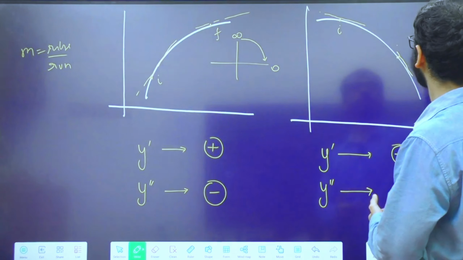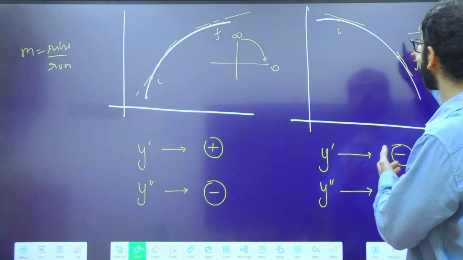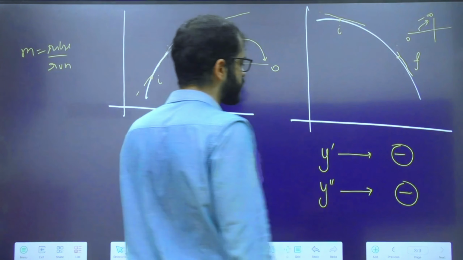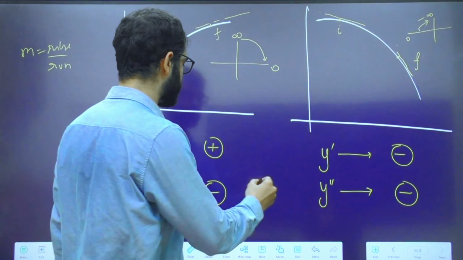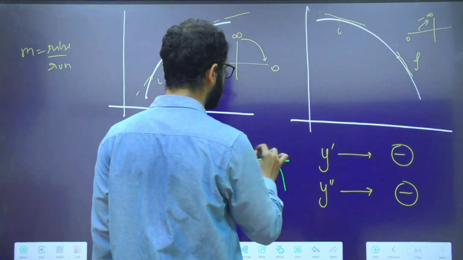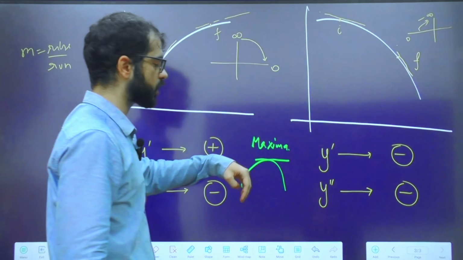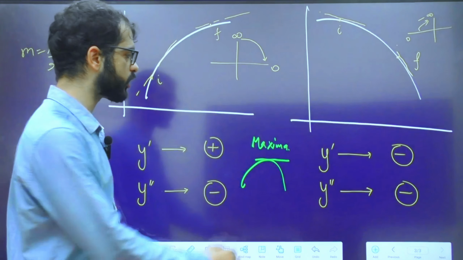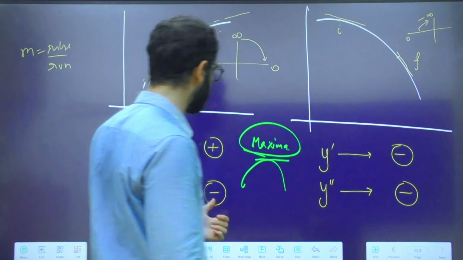That means the angle is changing in this manner, from this to this. That means from 0 to negative infinity, which means it is decreasing. Since it is decreasing, d2y by dx square becomes negative. And that is the reason why if d2y by dx square is negative, this point represents the maxima. That means downward open curvature or downward facing parabola represents maxima, since d2y by dx square is going to be negative in both the cases.